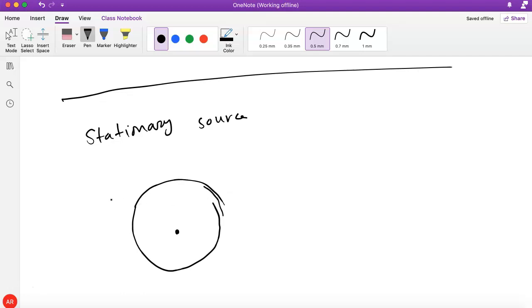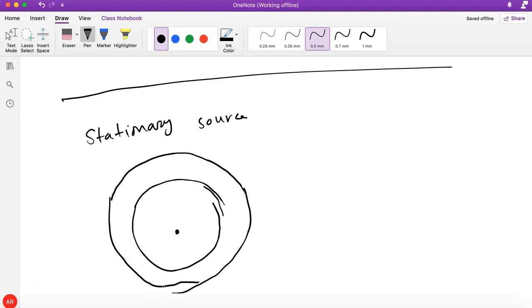One circular wavefront, another circular wavefront. The source is oscillating with period capital T, and then these waves propagate at the speed of propagation in the medium, let's say the speed of sound.